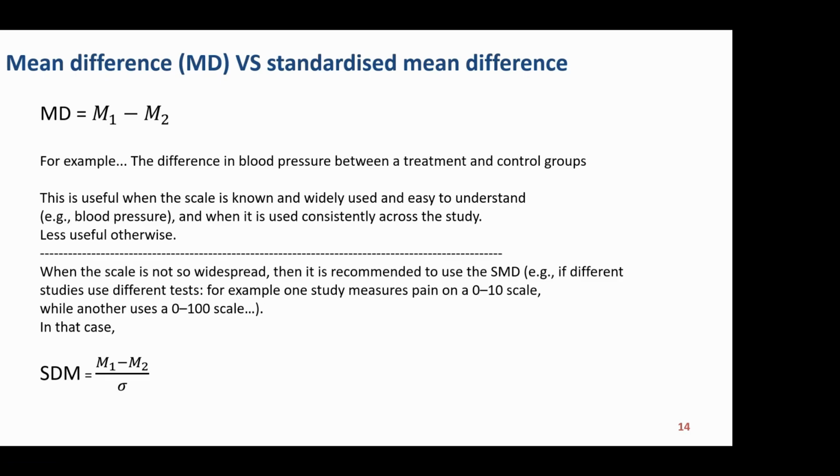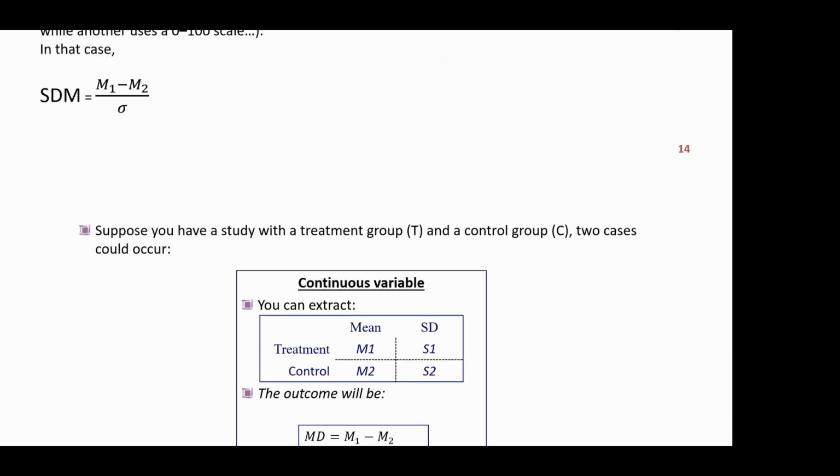So your mean difference, since it's just a difference, will be in millimeters of mercury. It will be easier to interpret. If you do a standardized mean difference, you divide by the standard deviation, so you have something that is not easy to interpret, but that you have to use in case you have studies that use different scales. The example here says if one study measures pain between 0 and 10 and the other between 0 and 100, you need to use this standardized mean difference, for example.